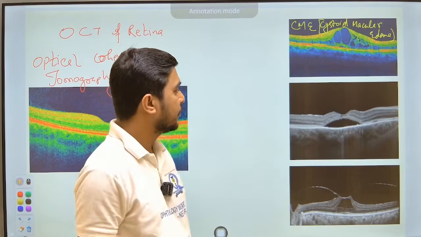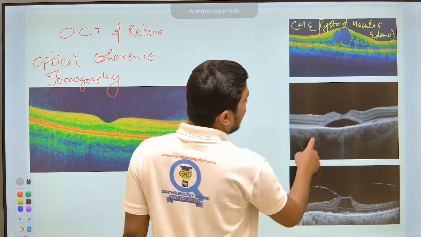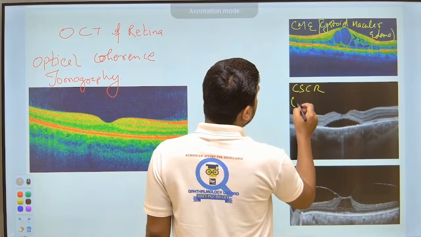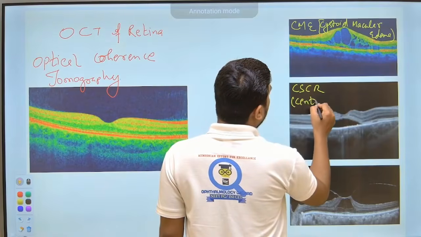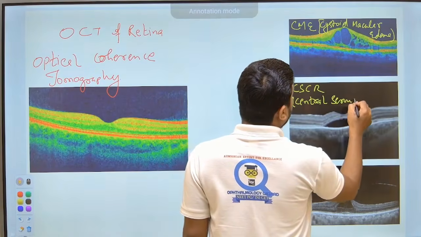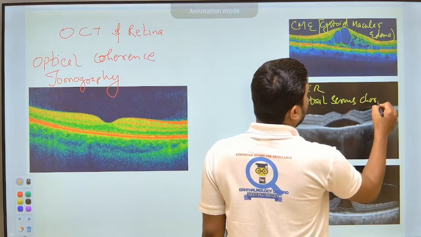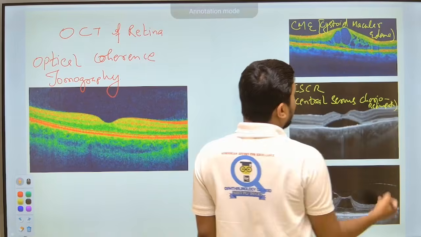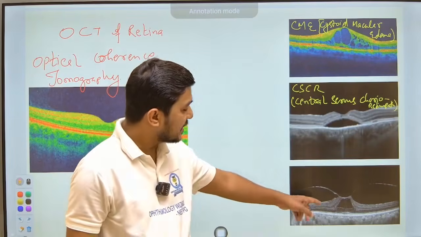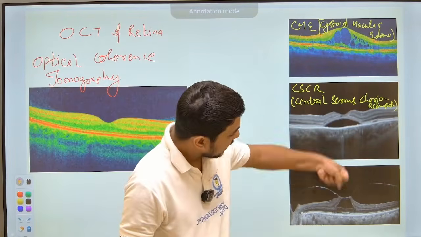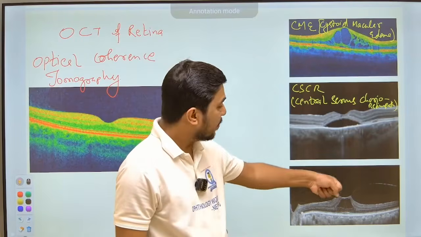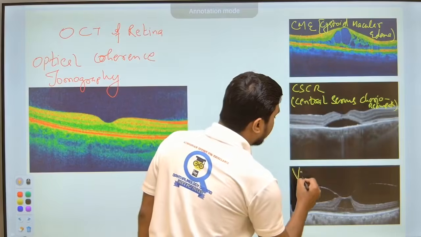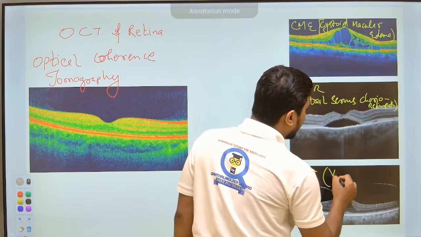What is this? You can see, this is CSCR, that is central serous chorioretinopathy. Understand what this is? You can see some membrane in the vitreous giving traction. So it's vitreomacular traction, VMT.